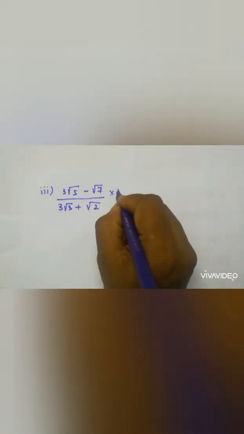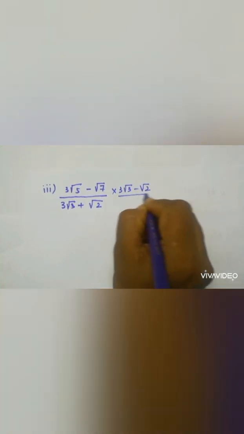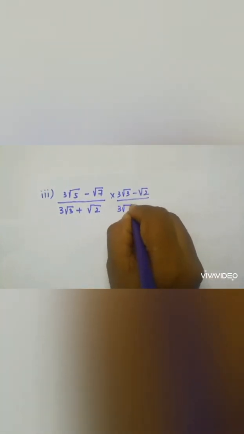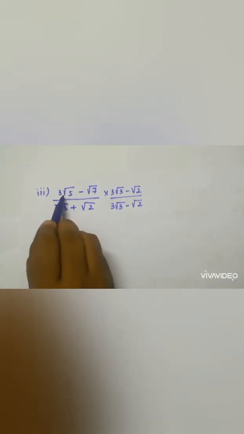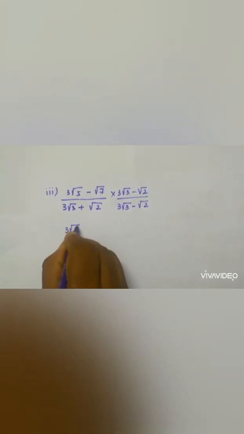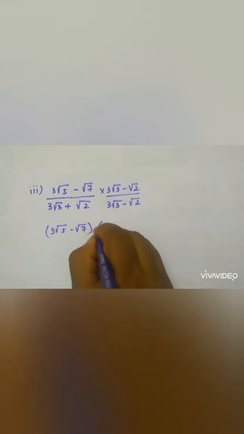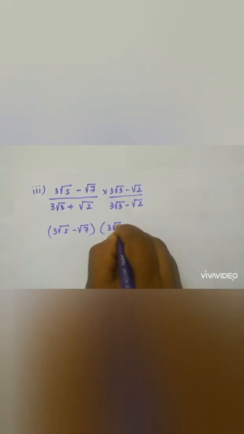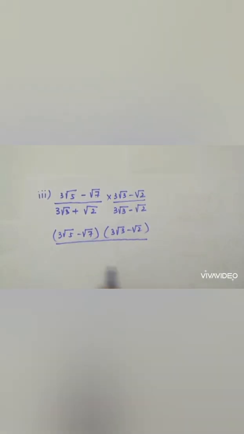So, multiply 3 root 3 minus root 2 with both numerator and denominator. Now, let us multiply 3 root 5 minus root 7 into 3 root 3 minus root 2.